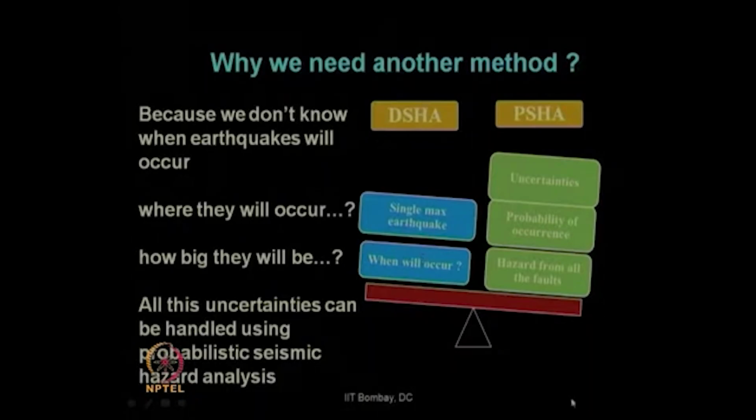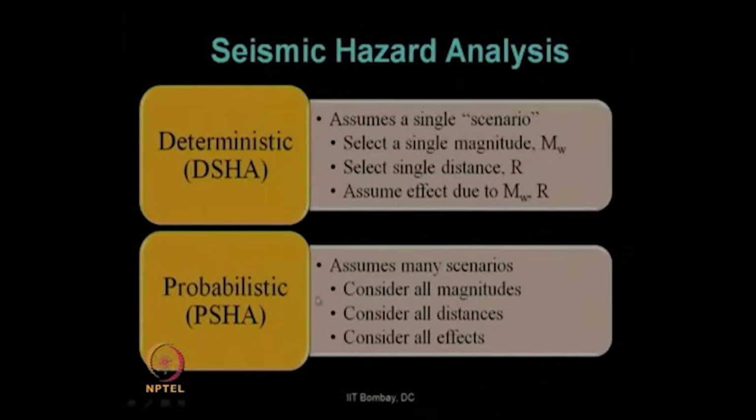hazard parameter. We have seen a comparison like this as well, that is, in DSHA we consider the single scenario, which is always the worst case scenario. So, it is based on the single value of magnitude, which is M max, and the single distance, which is R minimum, and the combination of these two, maximum magnitude and minimum distance, gives us the hazard parameter.